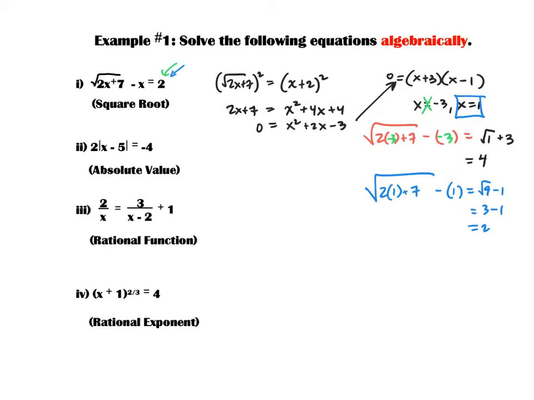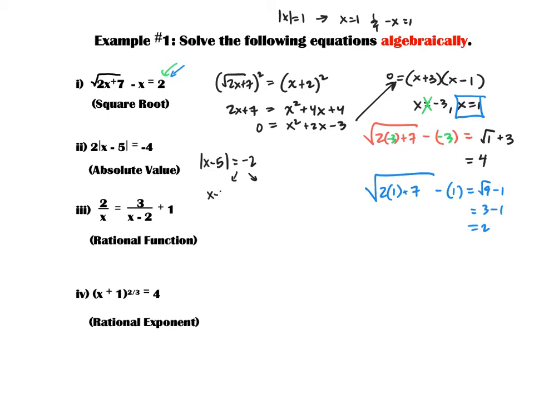Okay, let's look at number 2. If I were to divide both sides by 2, by definition of an absolute value, this splits off into two situations. If the absolute value of x equals 1, that means x equals 1 and negative x equals 1.